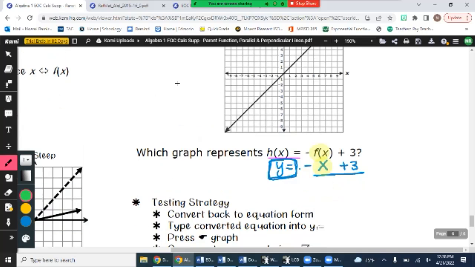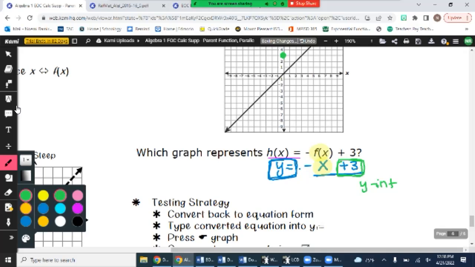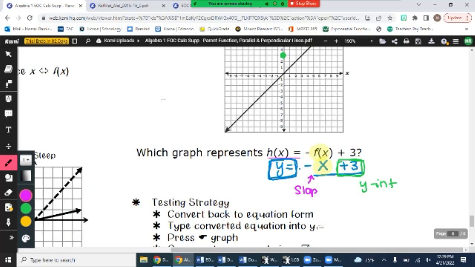So let's start here. What does this plus 3 represent? Your y-intercept. So let's graph that first. It crosses the y-axis at 3. And what else do we need to finish graphing this? What is my slope? There's no number there in the slope spot. It's a -1. Now, in order to use that -1, I need a rise and a run.